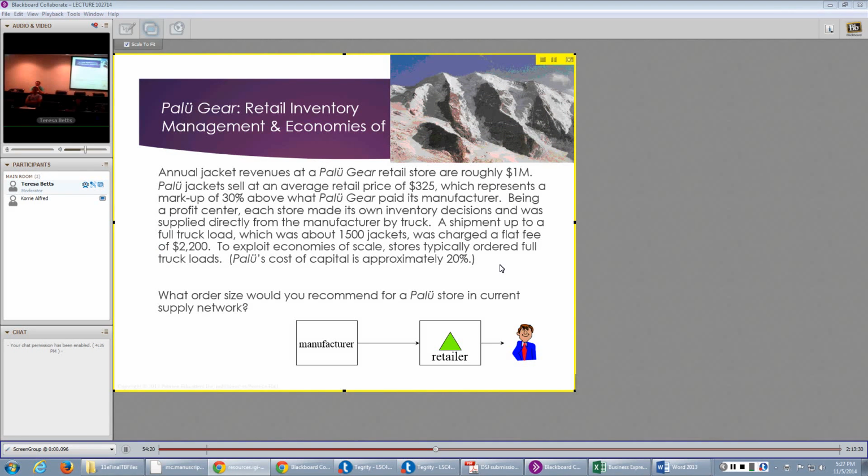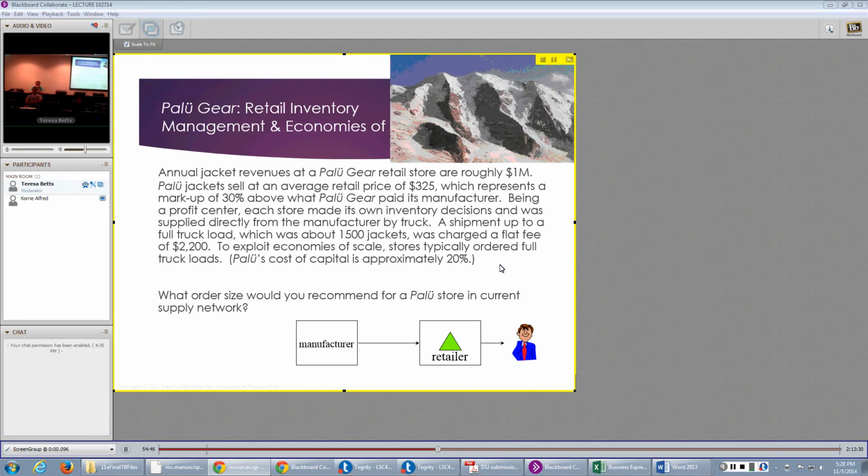How many of you have ever heard of this company, Howard's Gear? Retail Inventory Management and Economies of Scale at Howard's Gear. They have an annual jacket revenue of roughly $1 million. The jackets sell on average for $325, which represents a markup of 30% above what Howard's Gear paid its manufacturer.